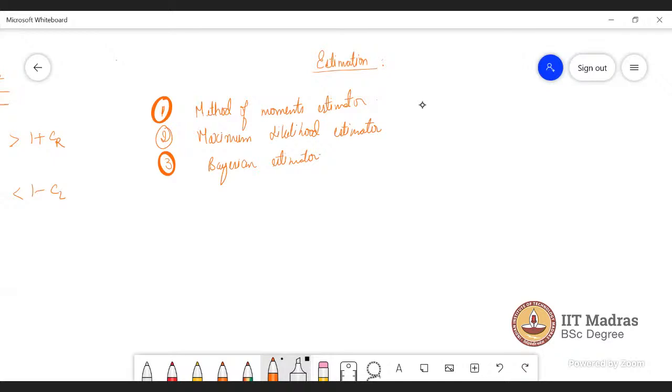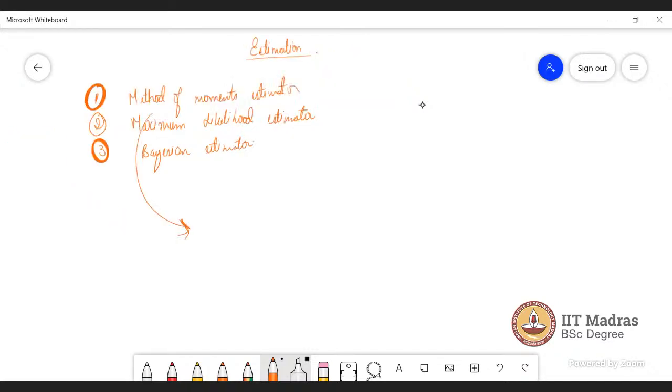In the case of the method of moment estimator, what we do is find the distribution of the random variable and substitute it to the first moment, if we have just one parameter in the sample.